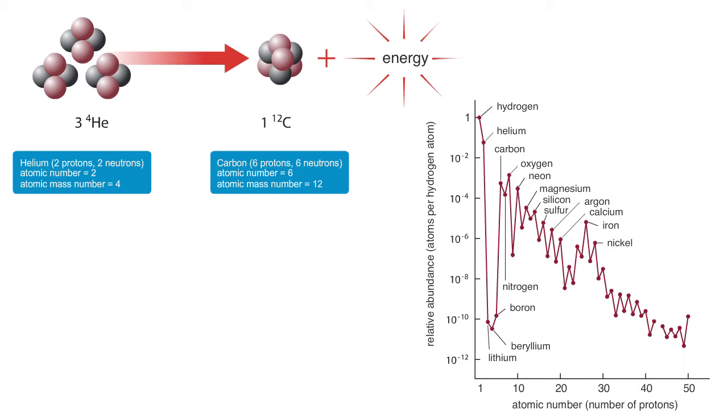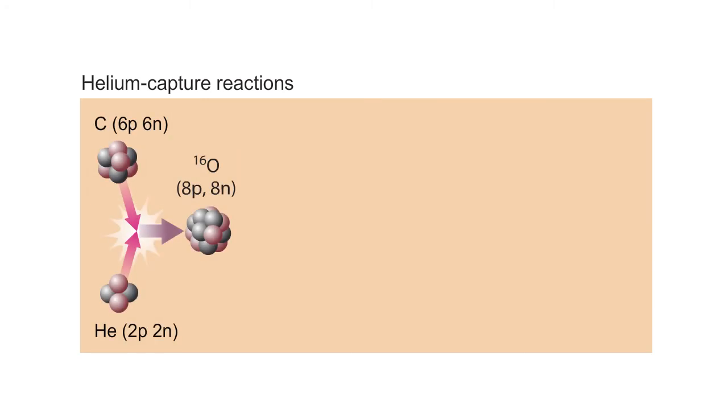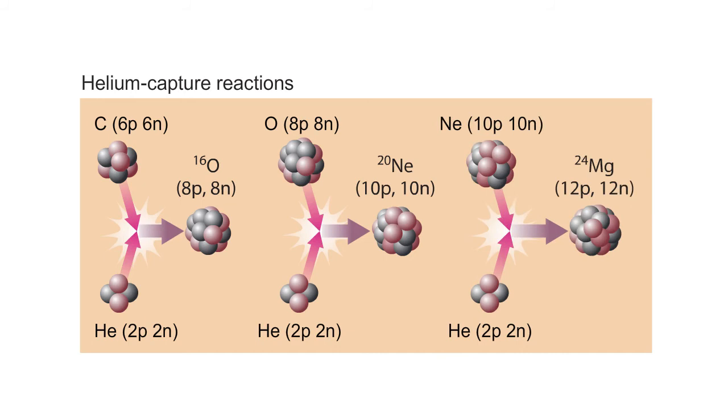Low-mass stars die after their helium fusion stage, but the stronger gravity of high-mass stars allows their cores to reach temperatures high enough to fuse heavier elements. Models tell us that one set of reactions proceeds as helium nuclei fuse into successively heavier elements. For example, helium can fuse with carbon to make oxygen, with oxygen to make neon, with neon to make magnesium, and so on.